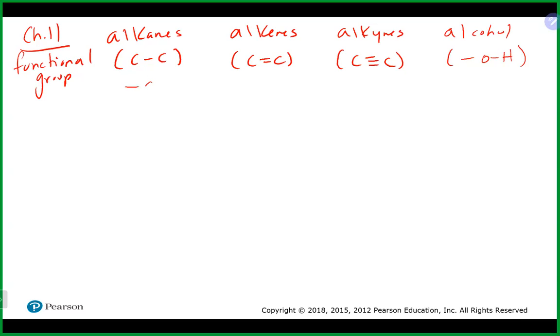Alkanes will end in ANE. Alkenes will typically end in ENE, just like the group name. Alkynes will end in YNE, and alcohols will end in OL. No matter what you're naming, the first thing you want to do is find the longest continuous carbon chain.